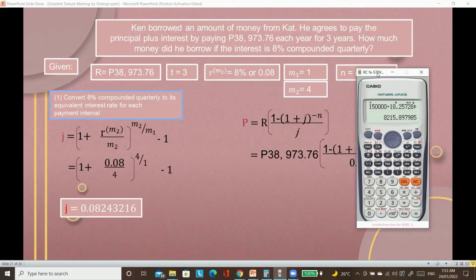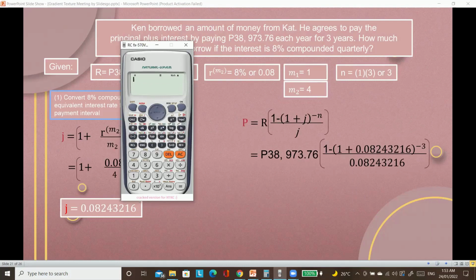So dito na natin siya isolve. So 1 plus j, ano na natin? Sabi natin na siya, 1.082432 16. Raise natin sa negative 3. So ito na yung sagot. Copy lang natin answer natin, then i-minus natin sa 1. So 1 minus our answer kanina.